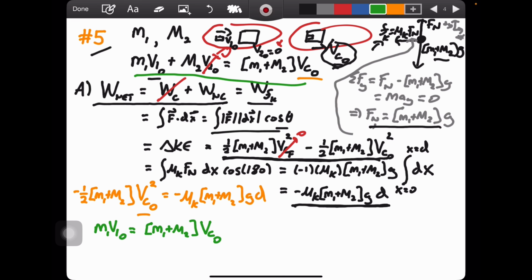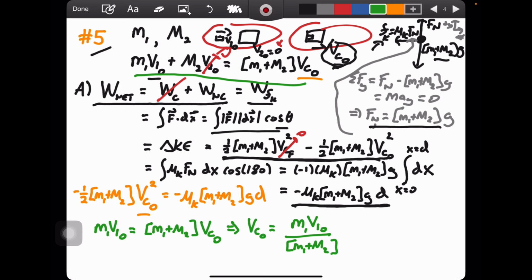So now I can express the combined initial velocity in terms of the initial bullet velocity. To do that, I simply divide both sides by the quantity m1 plus m2. So V combined initial is equal to mass of the bullet's initial velocity divided by the quantity m1 plus m2.